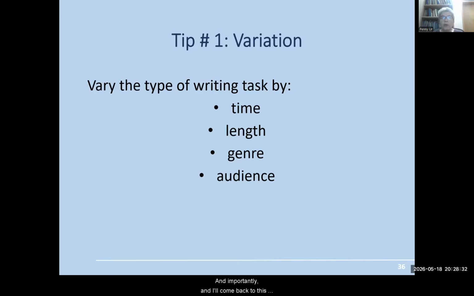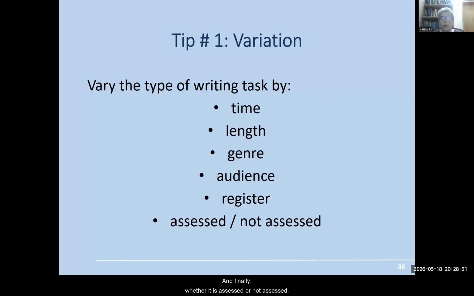And importantly, and I'll come back to this later, register, whether it's to be written in formal English or in informal English. We've discussed this in a previous session. And finally, whether it is assessed or not assessed. And I'll be talking about assessment in a separate session. It's a whole topic on its own, which needs dealing with in depth.